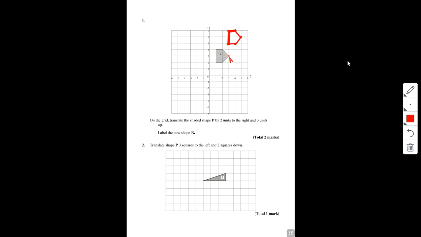Very accurate. Yeah, that's good. Now solve. Wait a minute, don't solve this one. Solve this one.